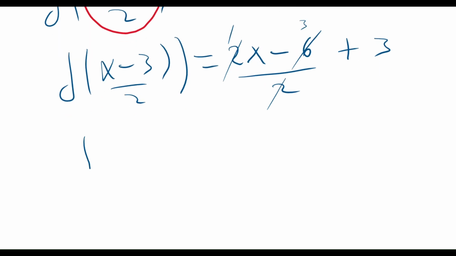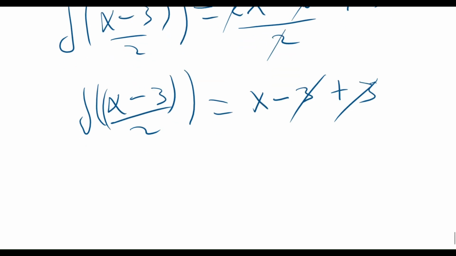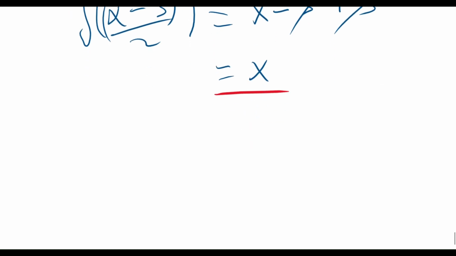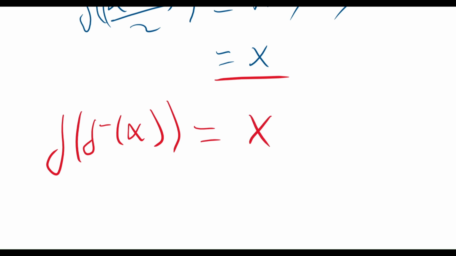So this is going to give us x minus 3 plus 3. So now this and this can cancel, which means that it is equal to x. Since it is equal to x, then it satisfies the condition that the inverse of the function as the input of the original function is equal to x. So that is it.